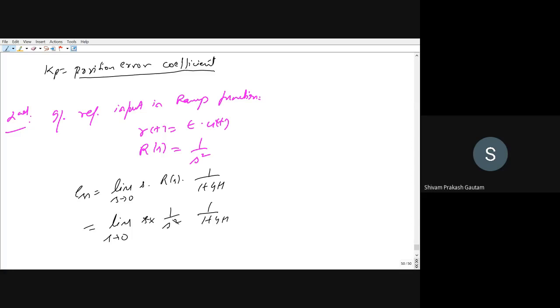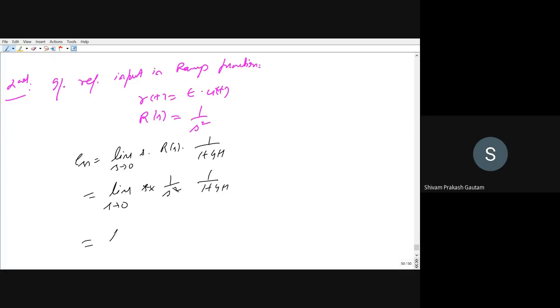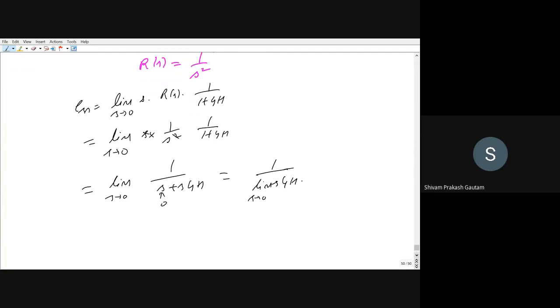So this s will cancel out. So this will be equal to limit s tends to 0, 1 upon s plus sGH. If I put the limit, the first term will be equal to 0. So can I write it like this? e_ss will be equal to 1 upon limit s tends to 0, s into G(s)H(s).